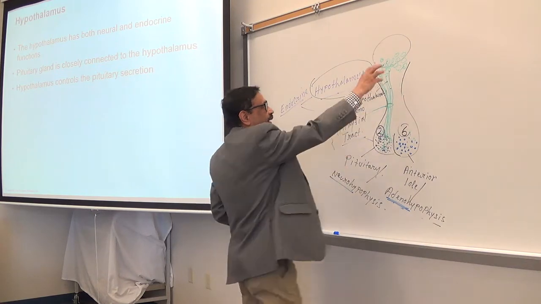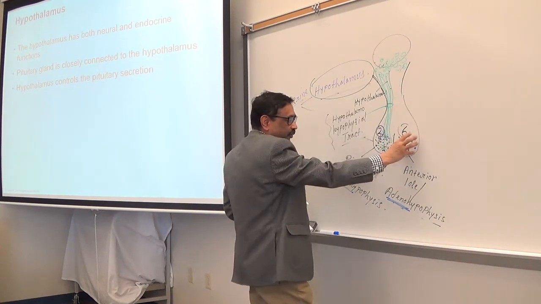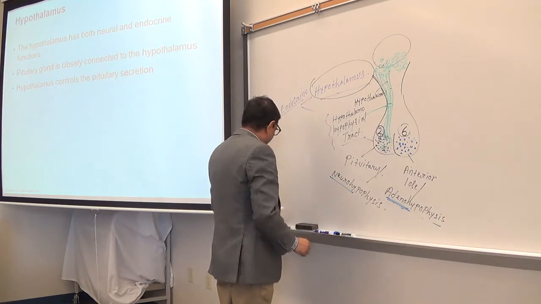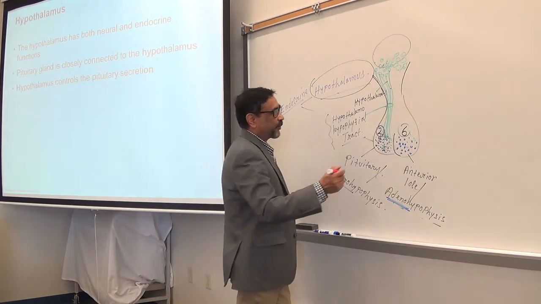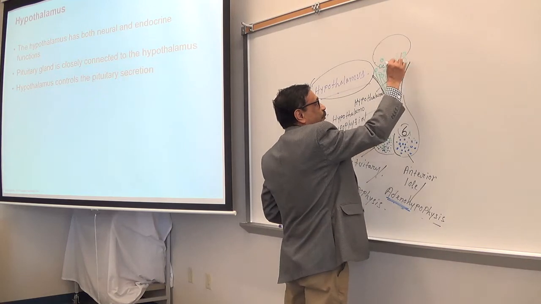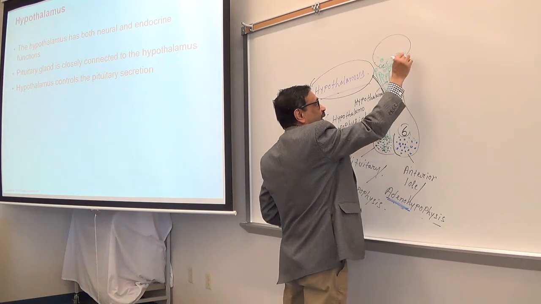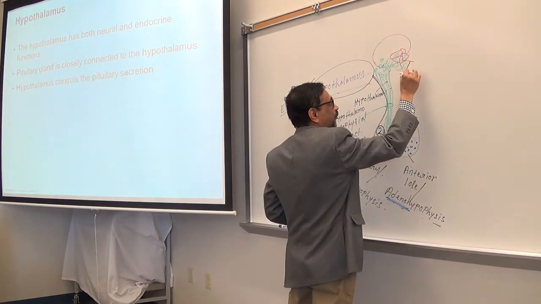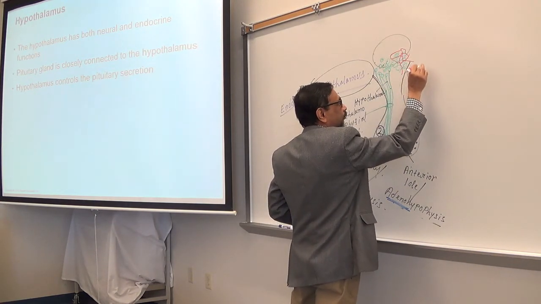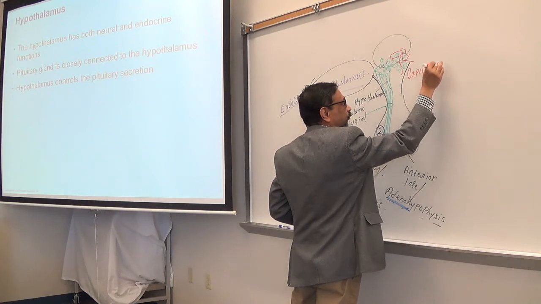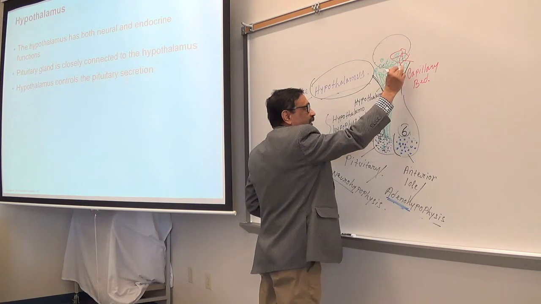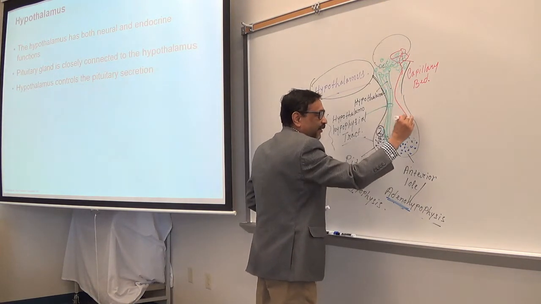Now we'll see how the hypothalamus talks to the anterior pituitary. Differently, it talks to the anterior pituitary. What happens? You have blood capillaries here, you know, a capillary bed. So this is one capillary bed, and this is a blood vessel.